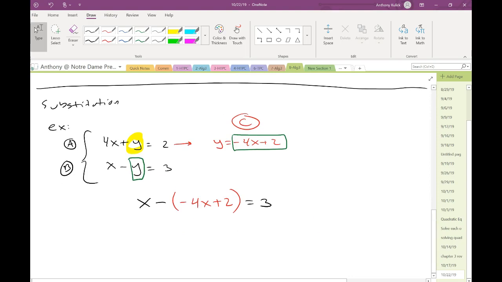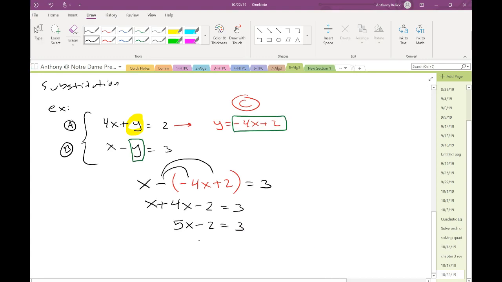So this I can now solve. So I'll go ahead and distribute the negative. I can combine the x and 4x together to get 5x. I can add 2 to both sides. And then divide both sides by 5 to get x equals 1.